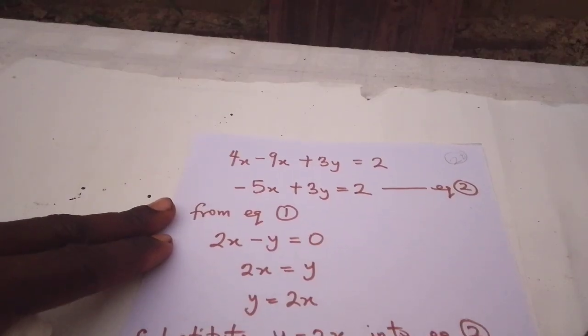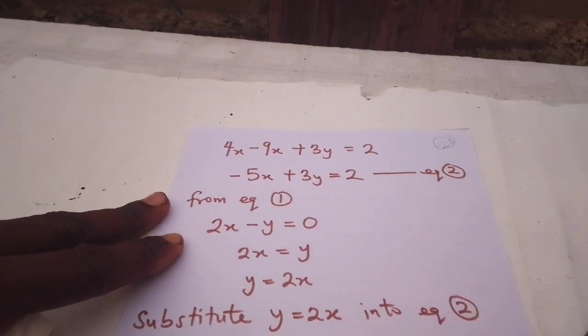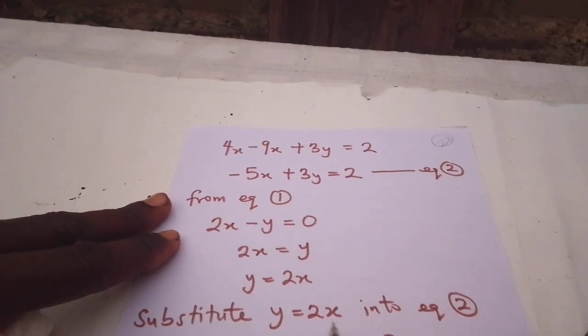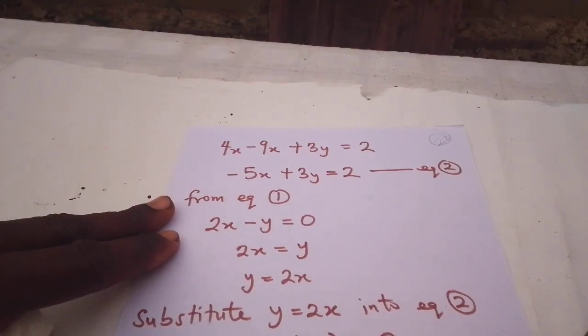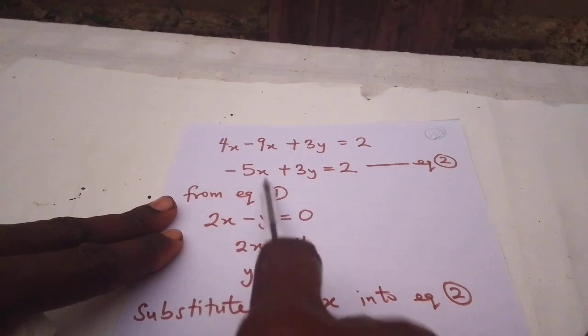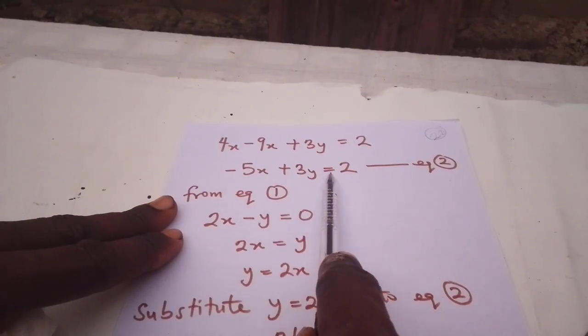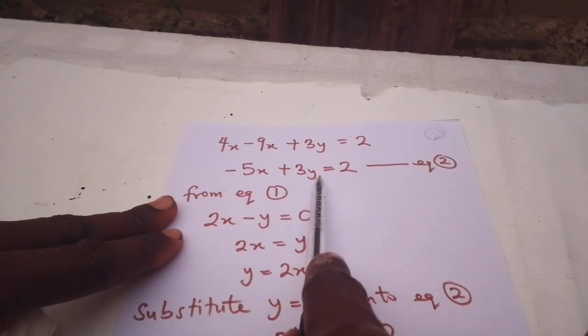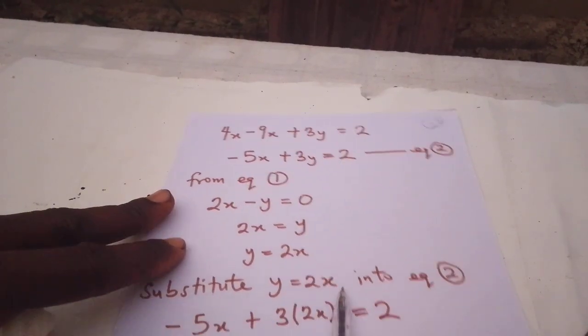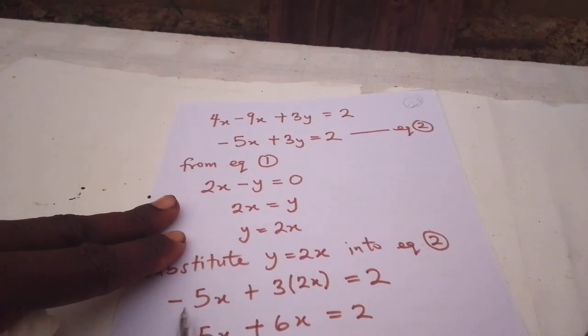You now substitute y equals 2x into equation 2. So wherever you see y, you are going to put 2x. Our equation 2 is minus 5x plus 3y is equal to 2. So where I see this y, I'm going to put 2x. That means I have minus 5x plus 3 into bracket 2x is equal to 2.